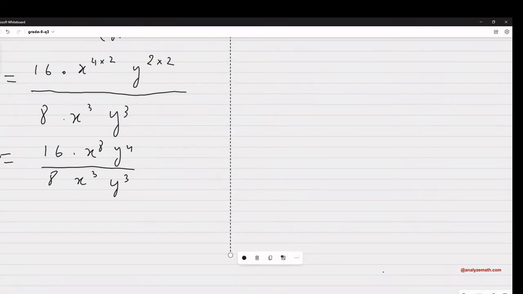Good. How do we simplify this? Now, as a general rule, if you have got A multiply B multiply C divided by or over D, E, F. Now remember, all these are products.